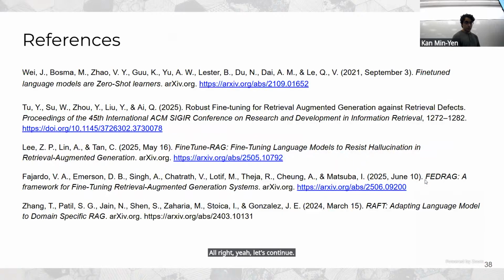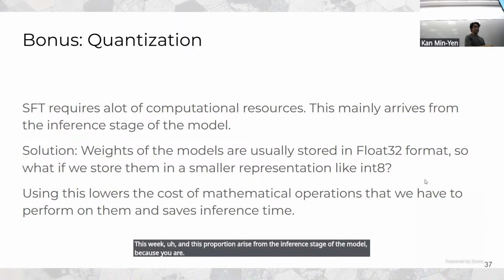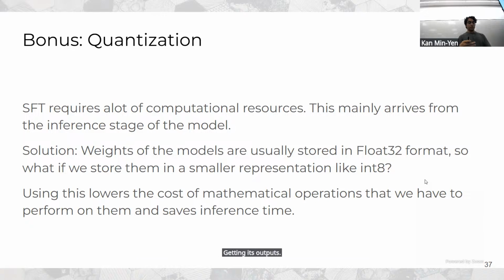Yeah, so another technique is called quantization, because SFT requires a lot of computational resources. This proportion arises from the inference stage of the model, because you are getting its outputs, comparing them to the loss function, then updating the weights.